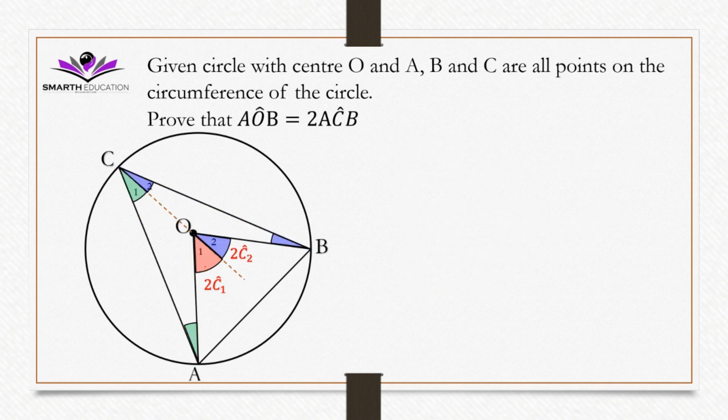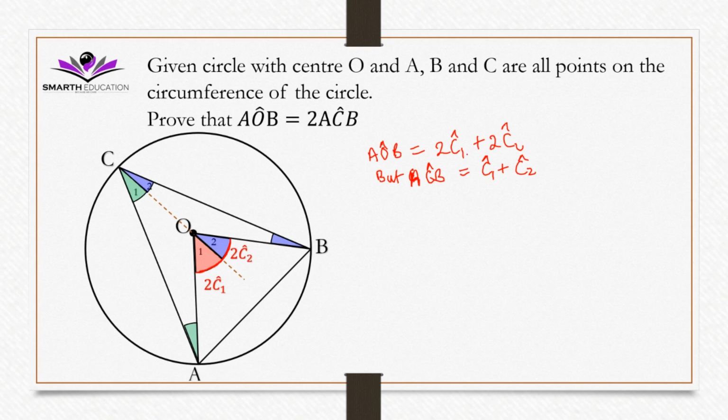So we said that this whole angle AOB is equal to 2 times angle C1 plus 2 times angle C2. But remember that angle ACB is equal to angle C1 plus angle C2.